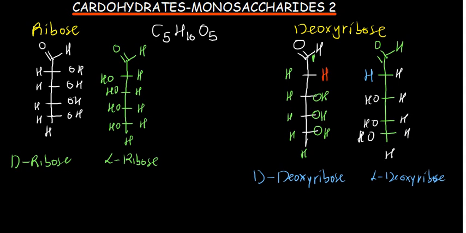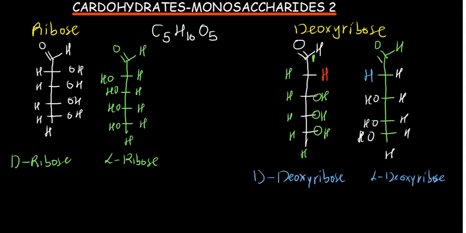So like sir, the main difference between the ribose and the deoxyribose, is it the structure or the way the hydrogens are positioned? Okay, so basically the structure and the placement of the hydrogens are the same. The only thing that differs is the second carbon.